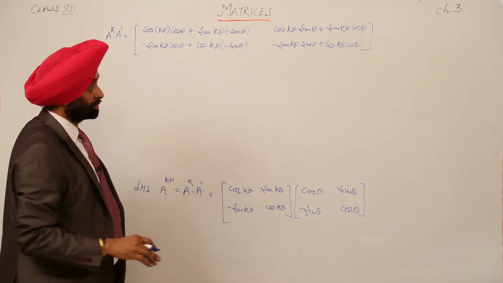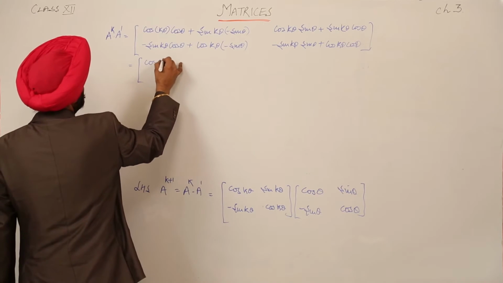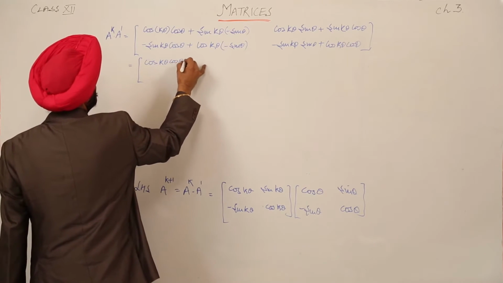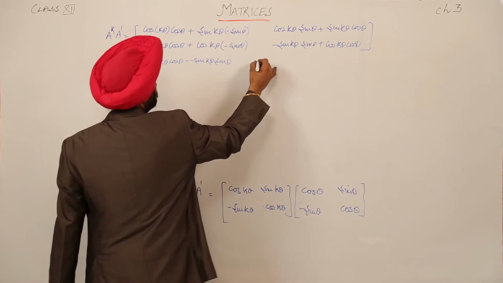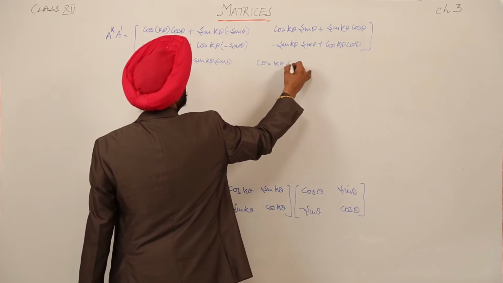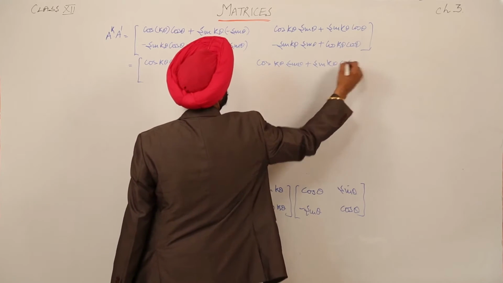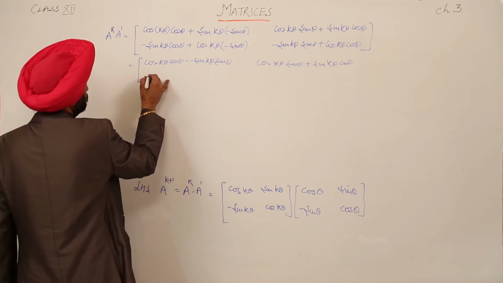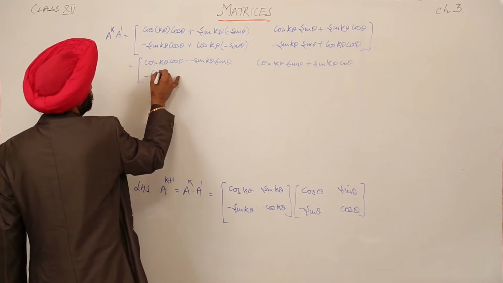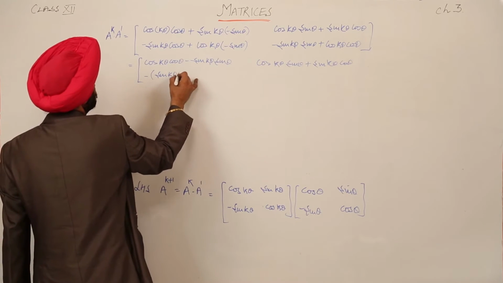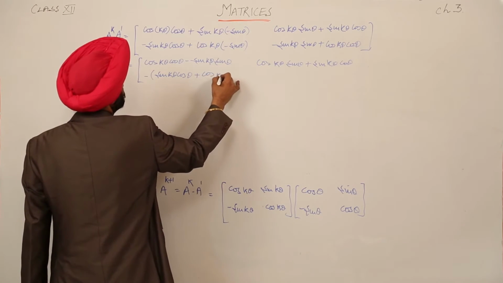Now what this becomes? Further this becomes cos k theta cos theta minus sin k theta sin theta, cos k theta sin theta plus sin k theta cos theta. Here minus and this is also minus, so it becomes minus, in the bracket we can write sin k theta cos theta plus cos k theta sin theta.